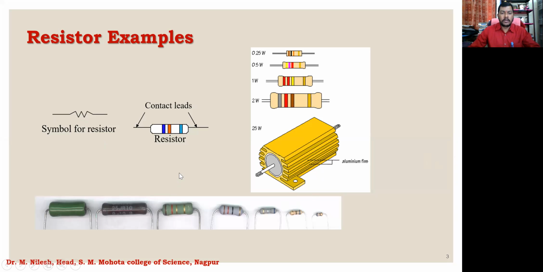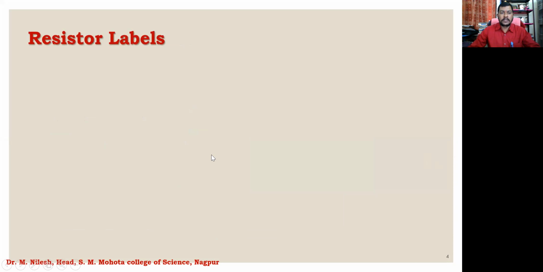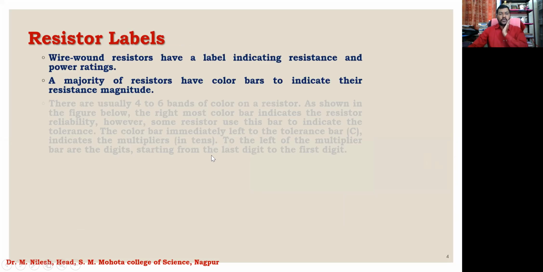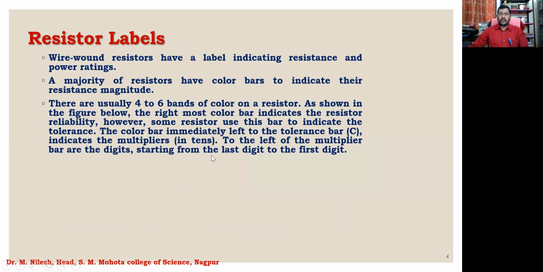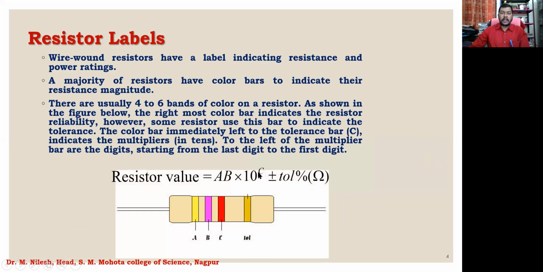These are actual photos of those resistances, and these are resistor labels. We have wire wound resistances and all, and how to calculate the value of a resistance by using the color codes that we studied yesterday.